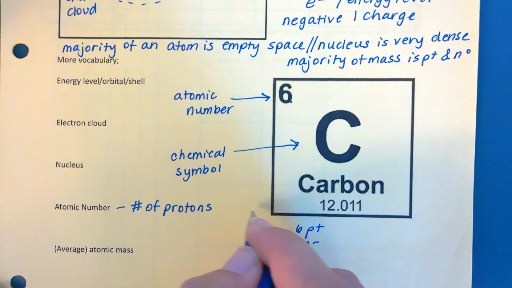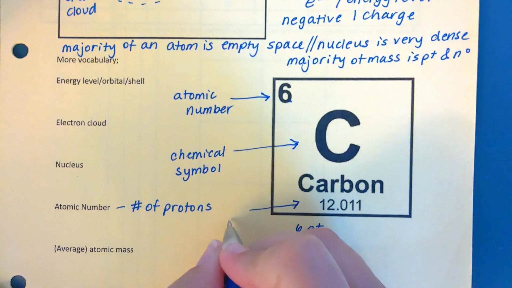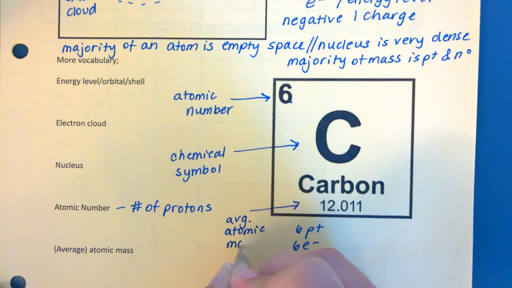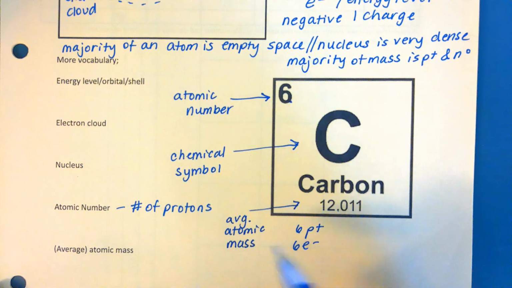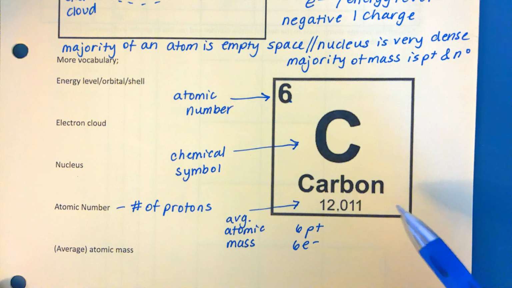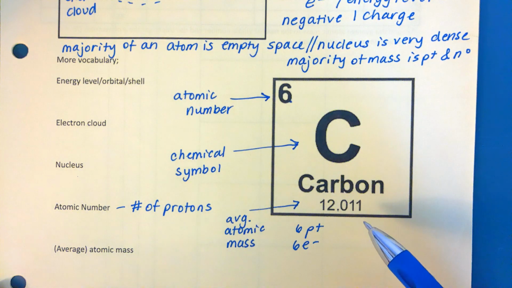And then that bottom number is a decimal, and that number represents the average atomic mass. That is why it is a decimal: because it is an average. Not all carbon atoms have the same mass. Some of the carbon atoms have more or fewer neutrons than the normal carbon atom.